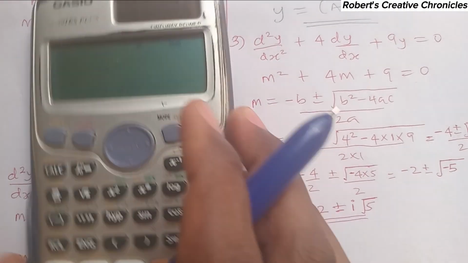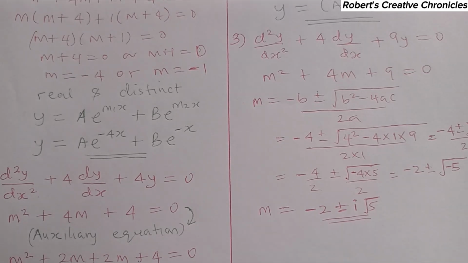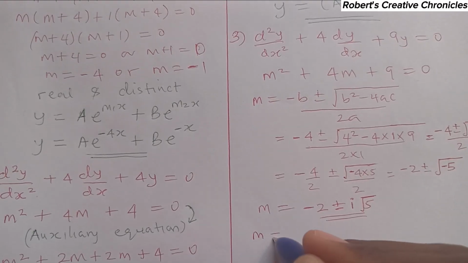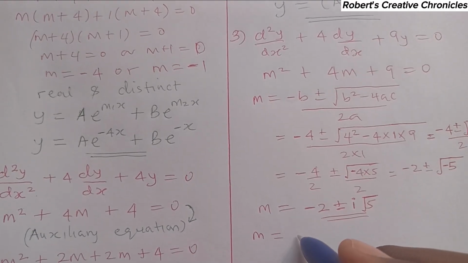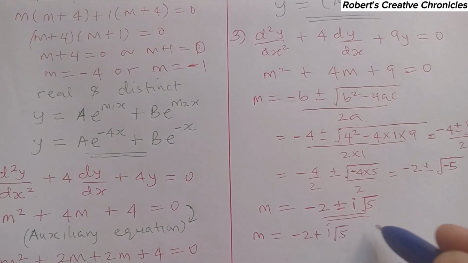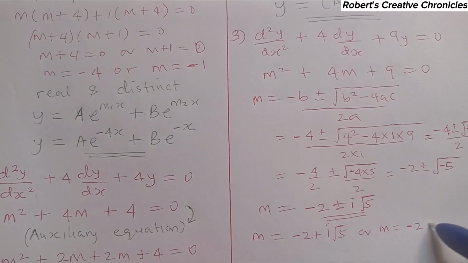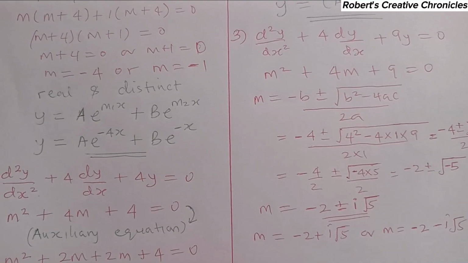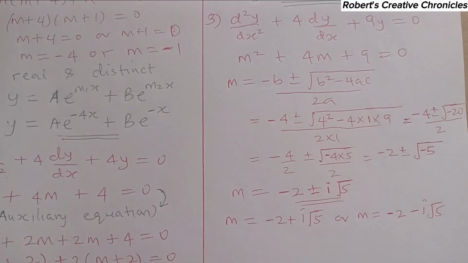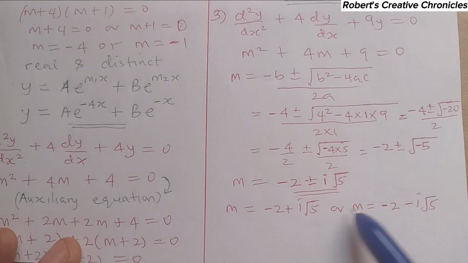Now this can be expressed in two ways. So m will be equal to minus 2 plus i root of 5, or m will be equal to minus 2 minus i root of 5. So these are the two values for m.